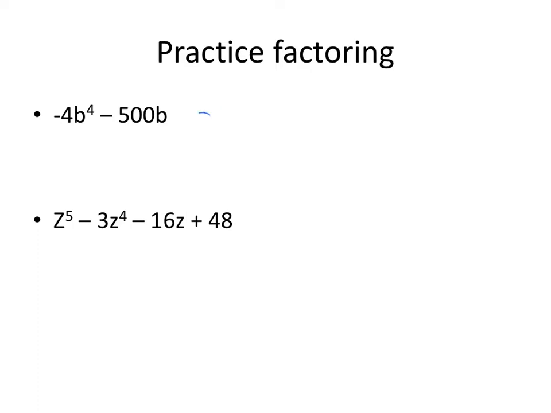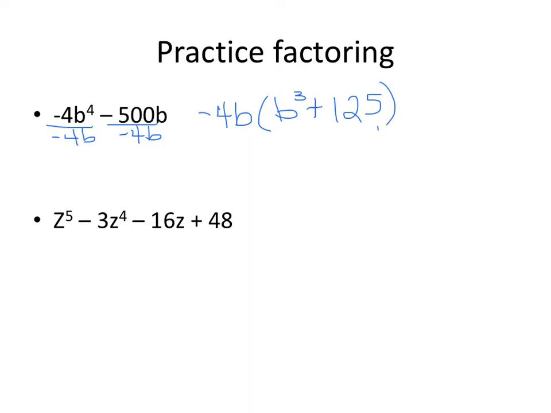All right, so I'm going to factor out a negative 4b, divide by negative 4b, divide by negative 4b. So b cubed plus 4 goes into there once, twice, 125. Yeah, and then b's cancel.